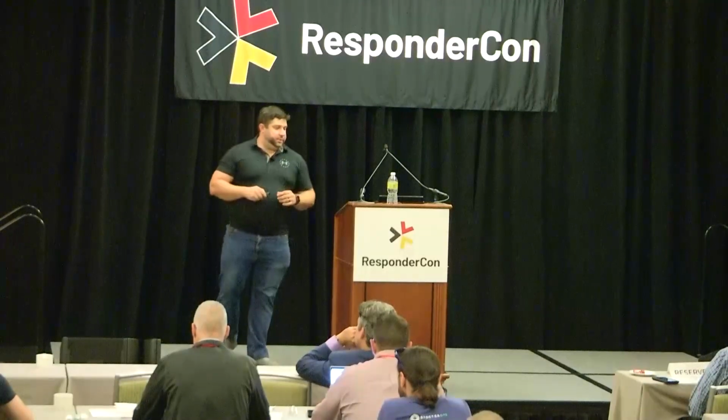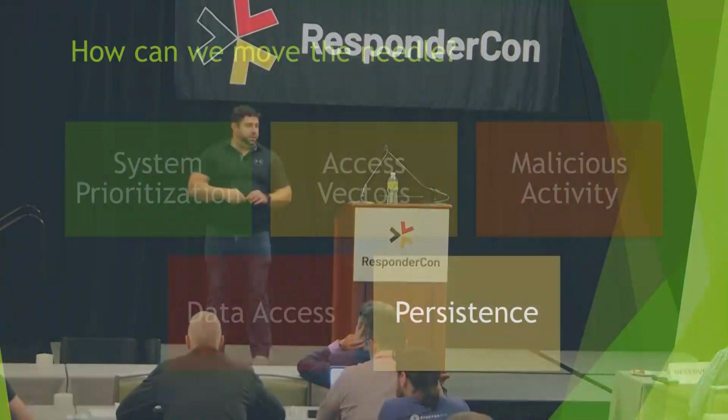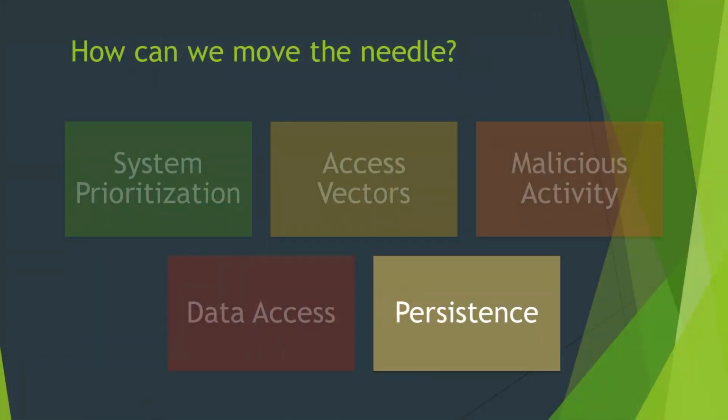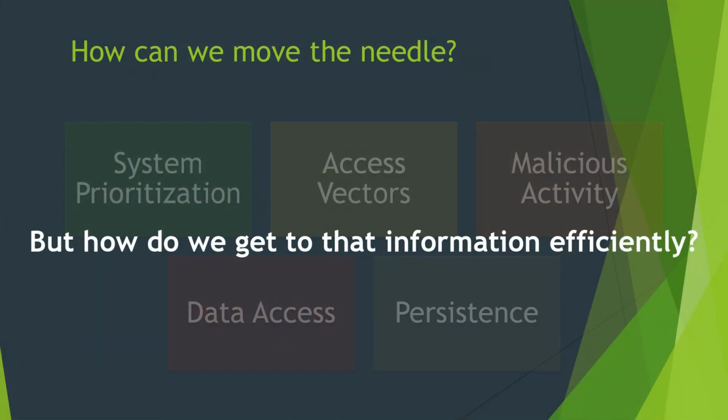So that's persistence. Now, obviously, we've talked about a lot of different things, and that's just part of the file system artifacts, or Windows artifacts, that are out there. But how do we make this a little bit more efficient than just having to go to each system and look for stuff?